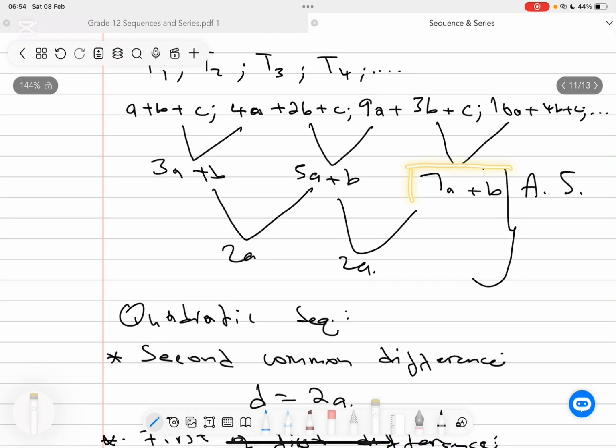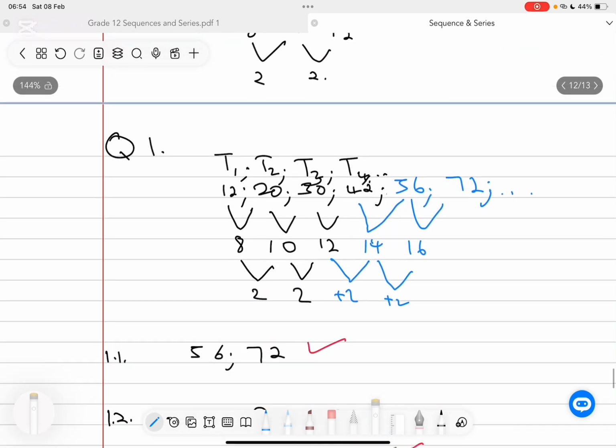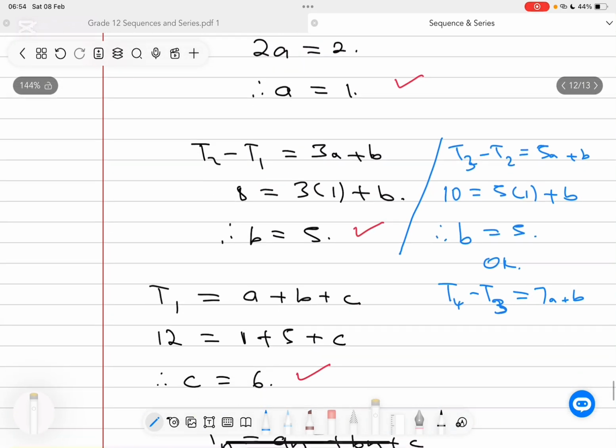Remember this is the first difference, this is the first of the first difference, the second of the first difference, and this is the third of the first difference. If you take this, which is term 4 minus term 3, you are still going to be able to get the value of B here.